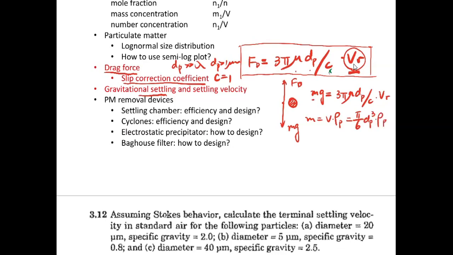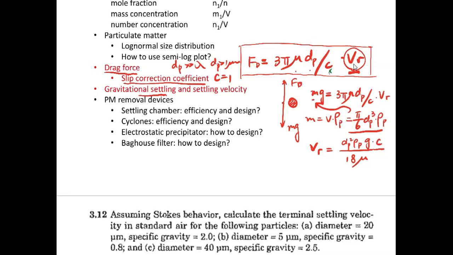So if we plug this relationship in here, we can calculate that the settling velocity will be equal to dp squared rho p multiplied by g multiplied by c, divided by 18 mu. Okay, so this is the settling velocity.